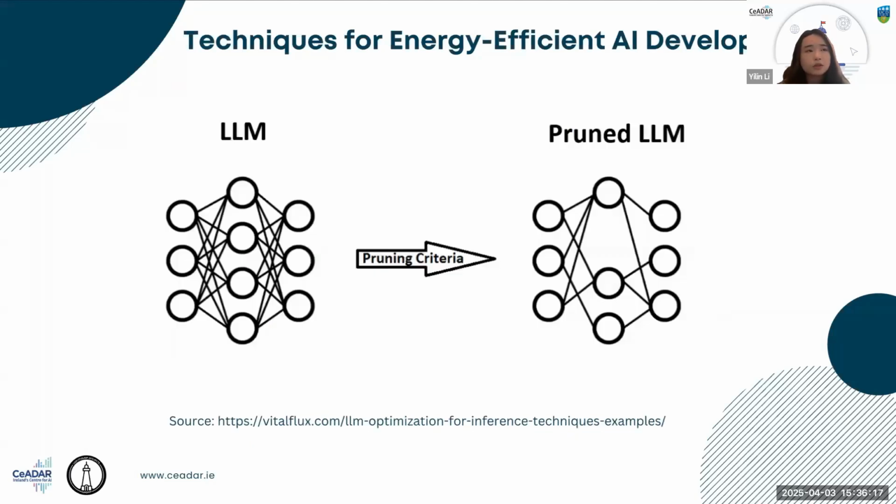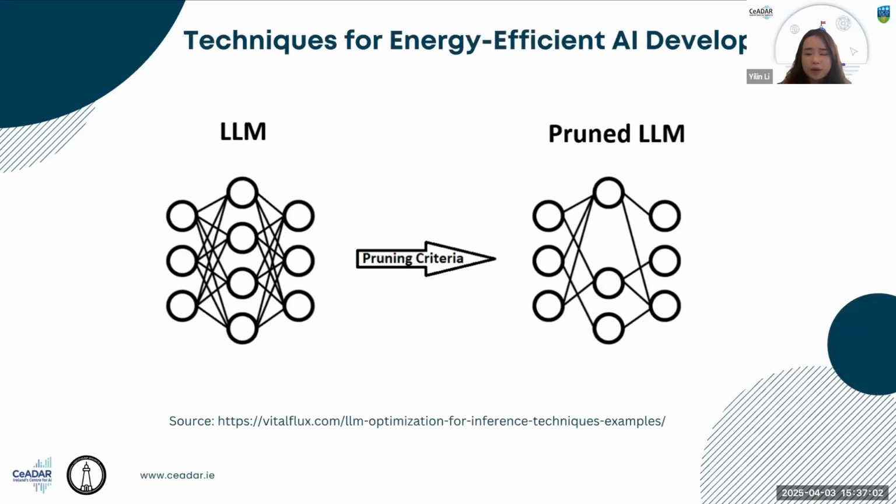And the third is pruning. The idea is very straightforward. We remove parts of the model that aren't contributing much to the performance. Think of it like trimming a tree: you keep the strong branches and cut away the ones that don't help it grow. In a neural network, pruning usually means cutting out the neurons, connections or even layers that don't activate much during training.